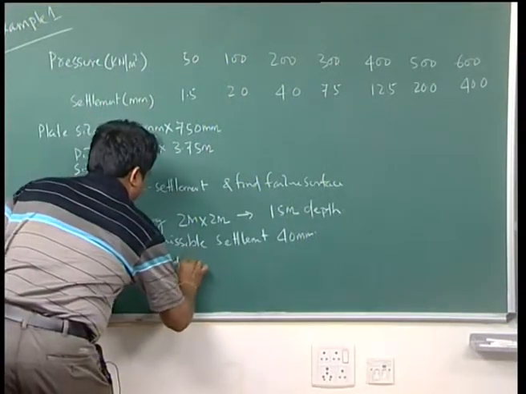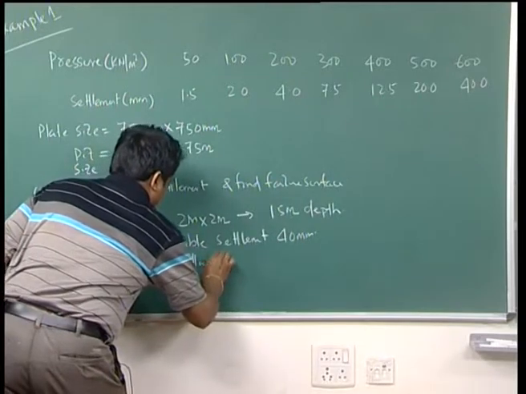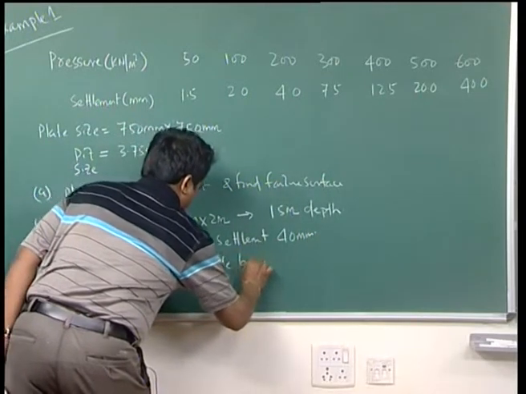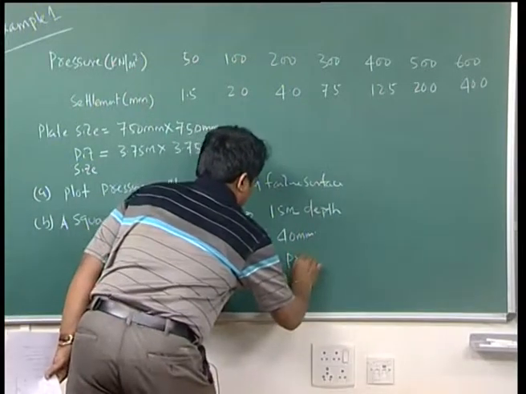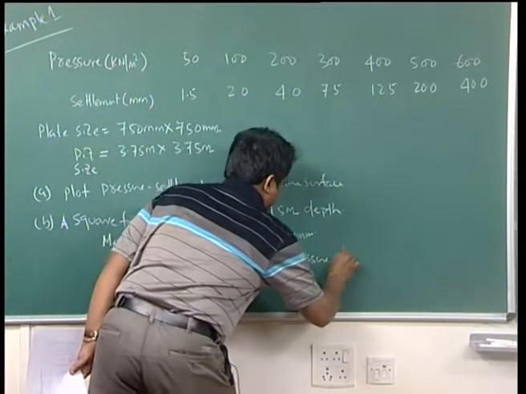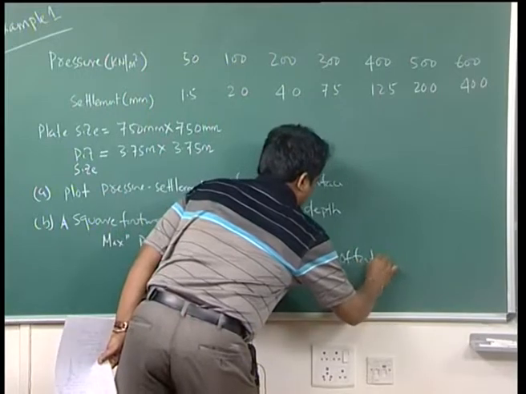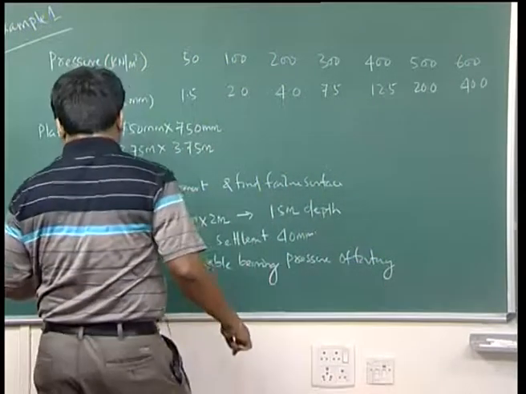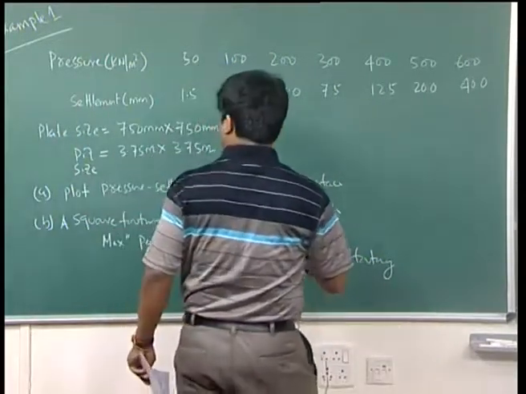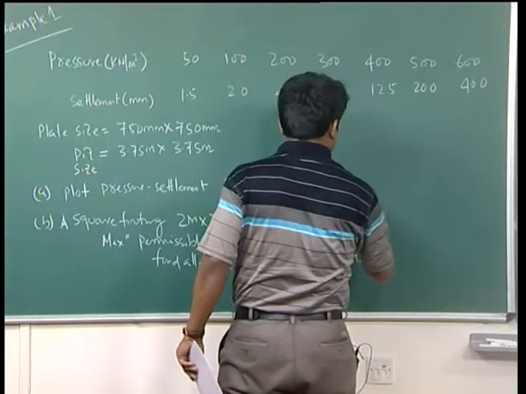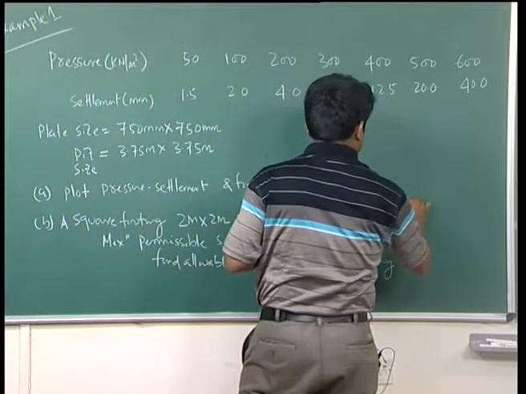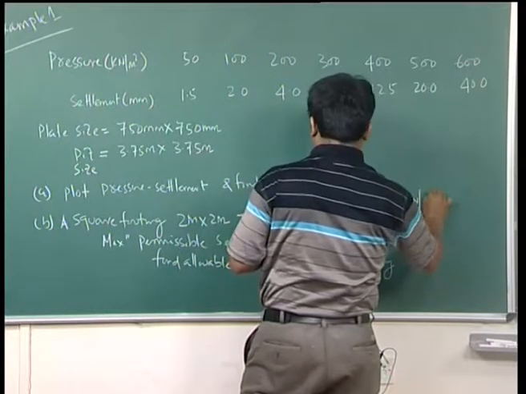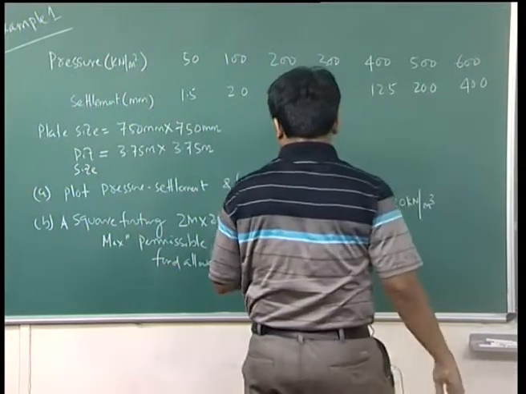Find the allowable bearing pressure of footing. Gamma, for this particular soil, is equal to 20 kilonewton per meter cube.